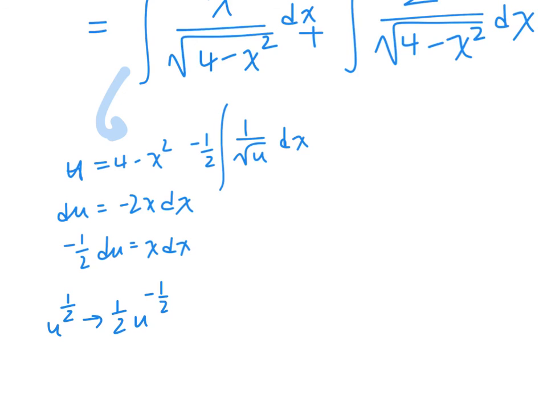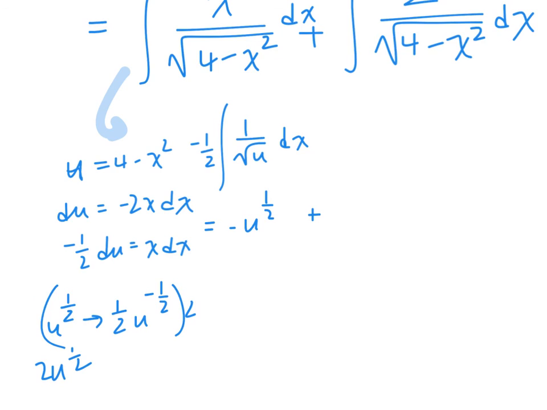And then multiply both sides by 2. So then the integral is 2u to the 1/2. So this part becomes negative u to the 1/2. This part, I'm sorry, this is a little crazy, too much work.